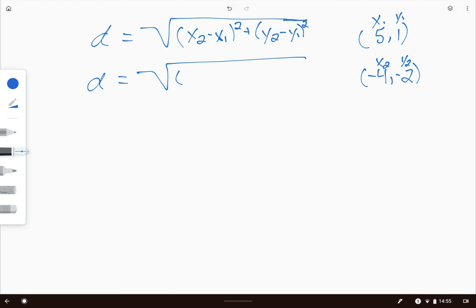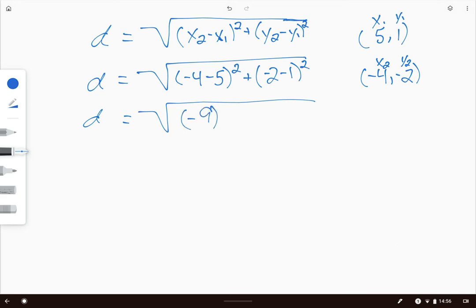So x2 is going to be -4 minus 5 squared plus -2 minus 1 squared. -4 minus 5 gives me -9, and -2 minus 1 gives me -3.